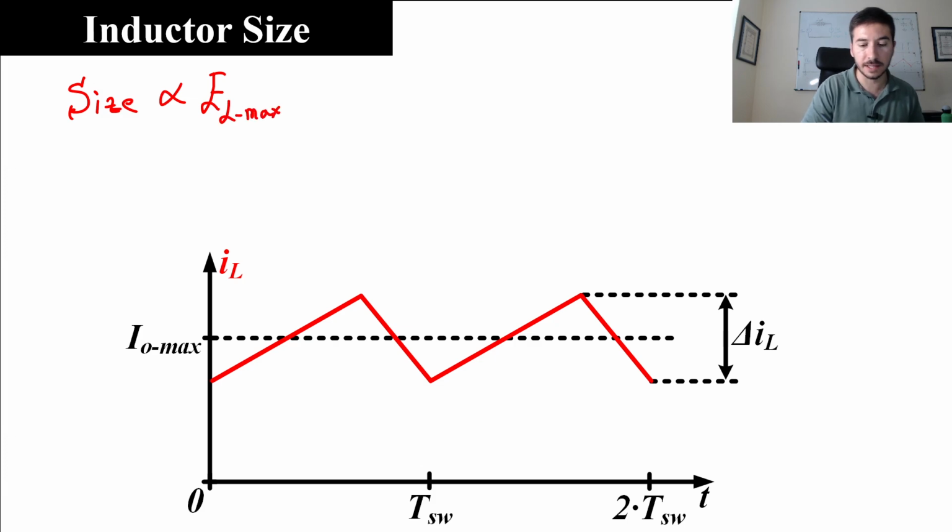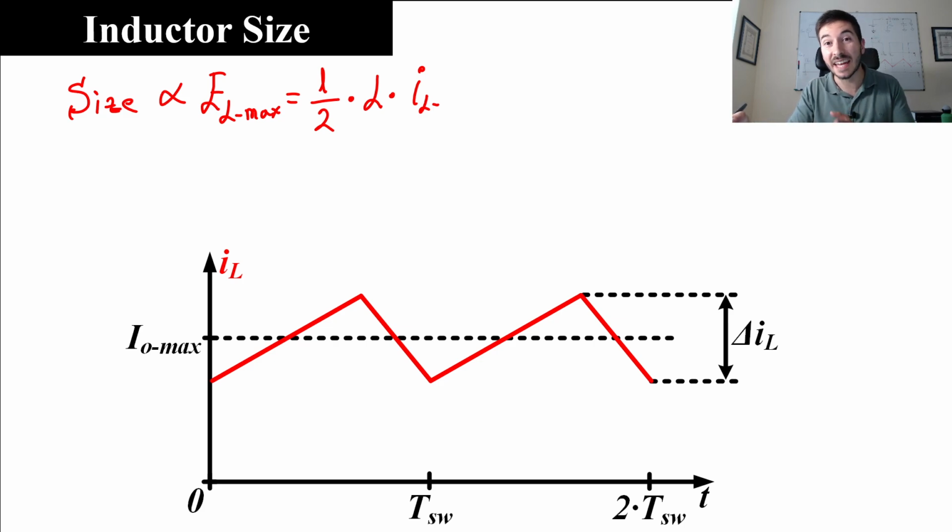The maximum energy that an inductor is able to store is 1 over 2 times the inductance times the maximum current the inductor is able to drive, to the power of 2. So in this way, if my inductor is able to drive more current, it is able to store more energy.